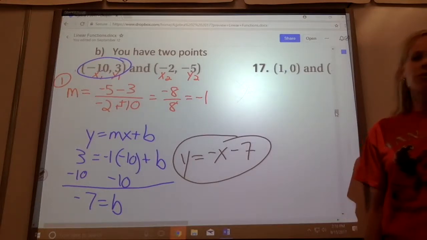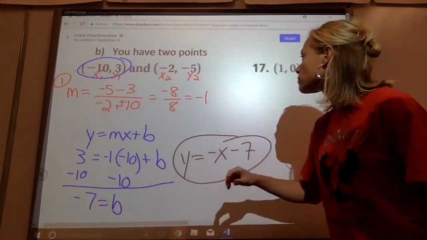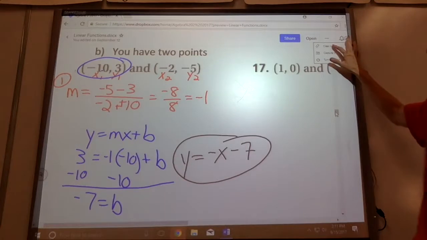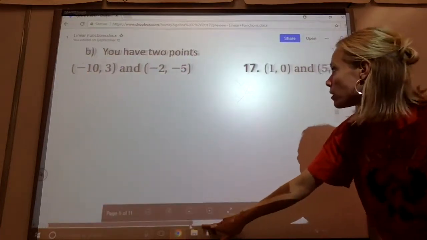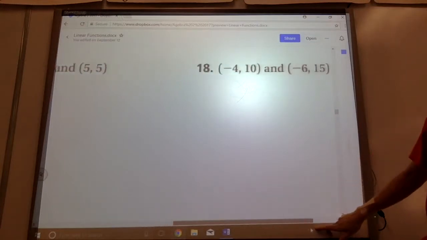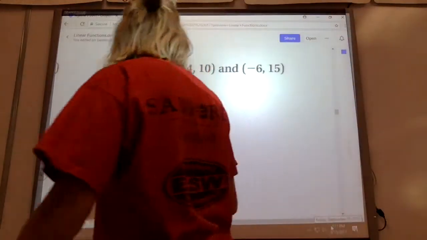So same thing, you just have to find m first. Not bad, right? Should we do another one? Maybe just one more? Okay, so let's jump to 18 just so we have negatives, because negatives are always harder.